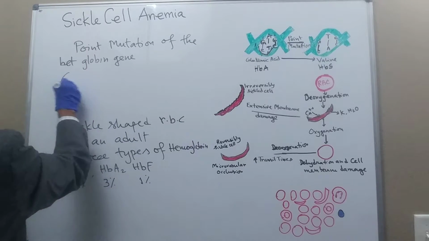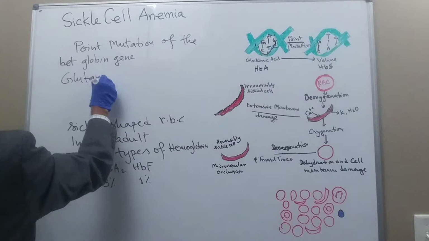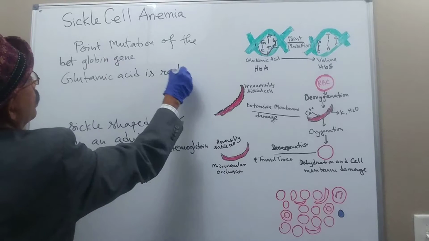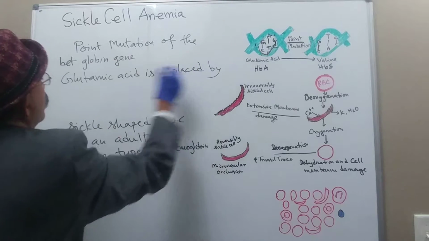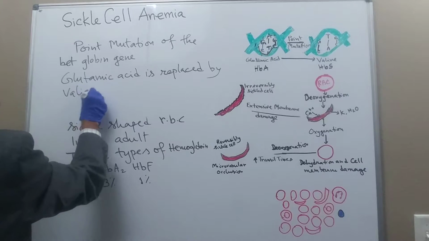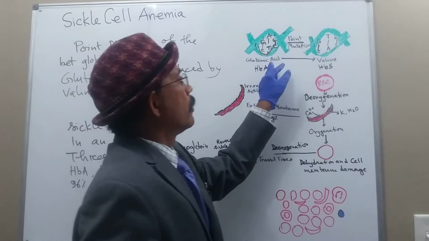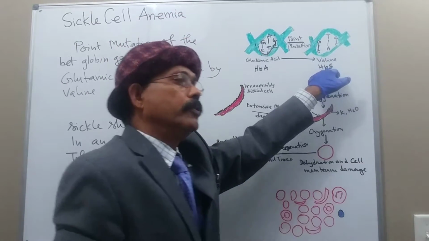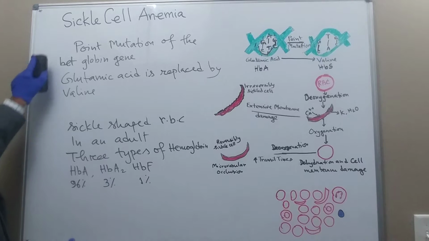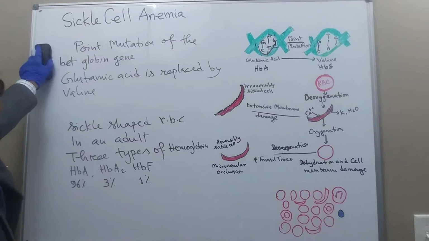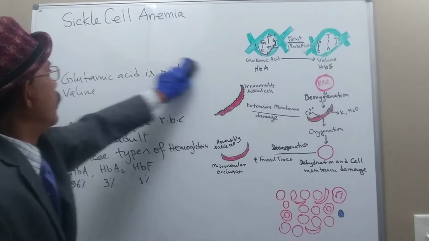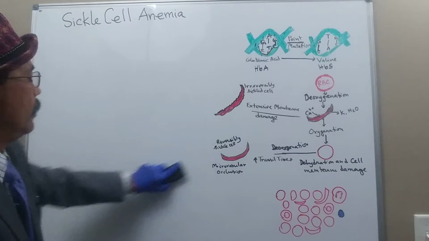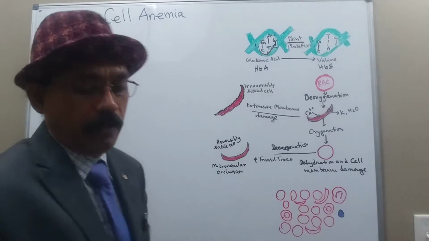We get the hemoglobin S. So we got the pathogenesis and the genetics of sickle cell anemia. This is a point mutation, and glutamic acid is replaced by the valine.